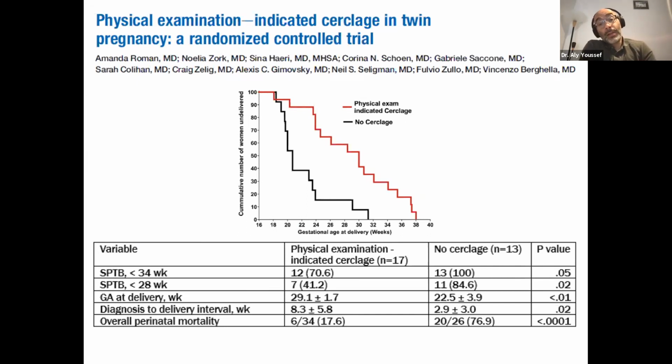And that study was actually stopped due to a clear efficacy of the physical examination indicated cerclage. So if you find a cervix dilated between 1 and 5 centimeters, there is now data that a cerclage improves the outcome, prolonging the pregnancy and reducing perinatal morbidity and mortality.